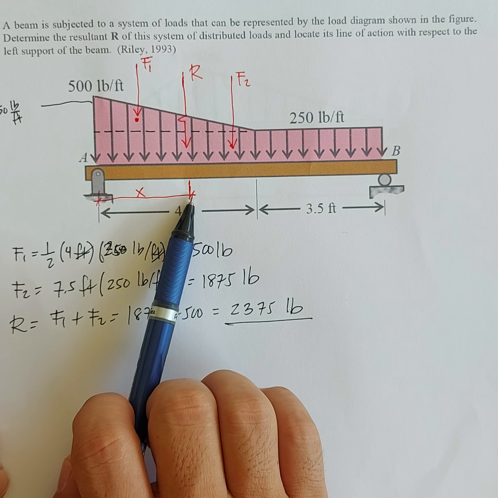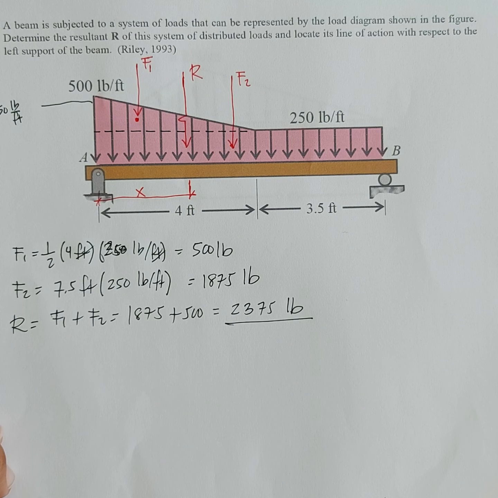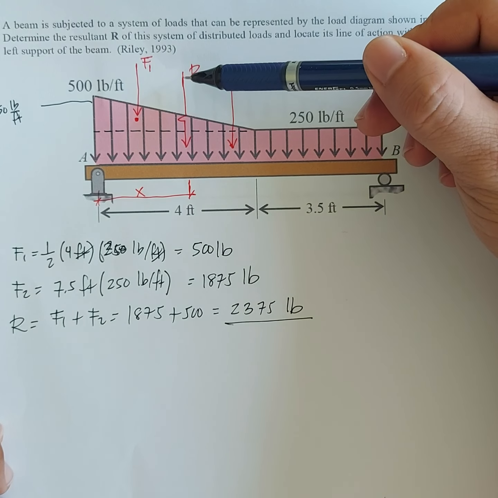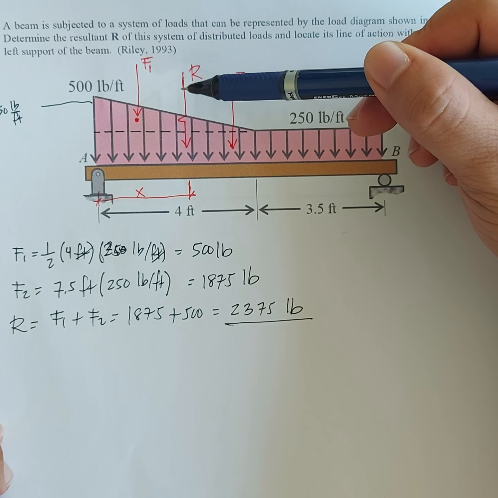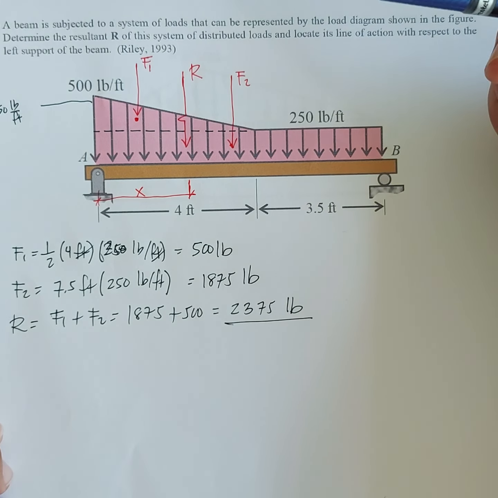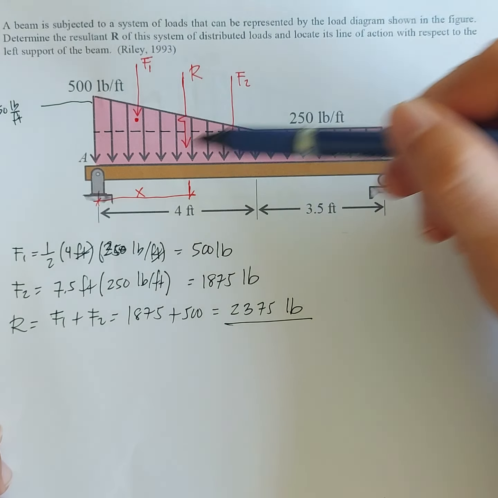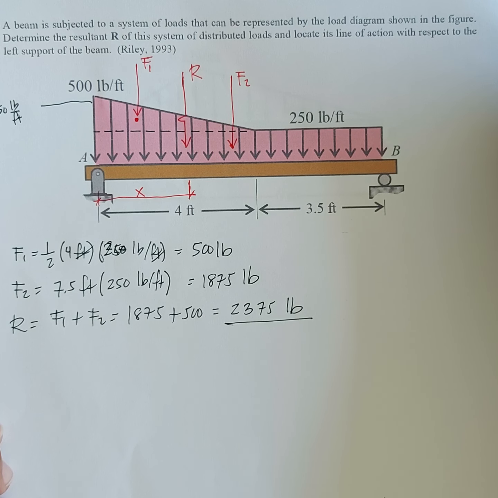So, ilolocate down natin yung resultant force from the left support or at point A. Okay? So, again, we're going to use the principle of moments. So, ano yung principle of moment natin? Yung dapat yung moment ng resultant force, okay, about a certain point, should be equal to the moment of the original force system about the same point then.